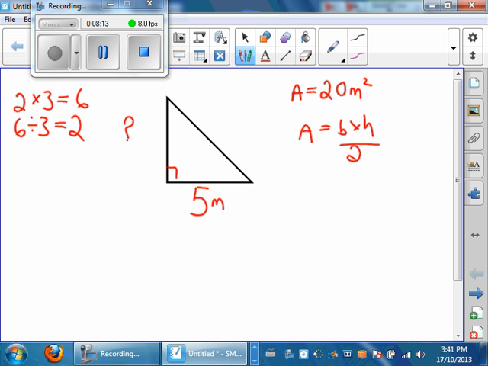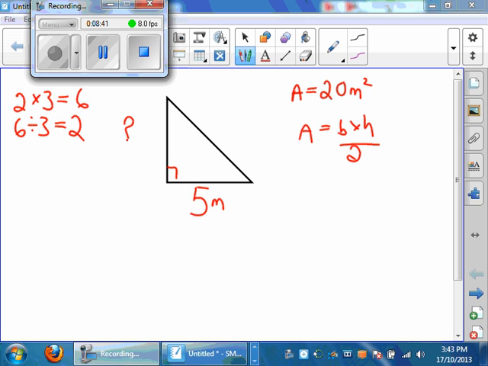So we're going to take the current area and do the reverse of that, which is multiply it by 2, and then we are going to divide it by the base, which is 5 meters. Well, let's take a look at that and see what happens.